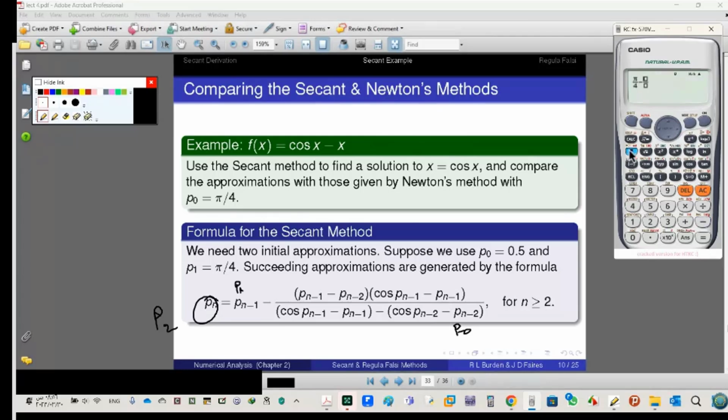Minus fraction Pn. You can use either the same thing, or you can use the formula f(Pn minus 1). I will use my method. You multiply, make a fraction, cosine.